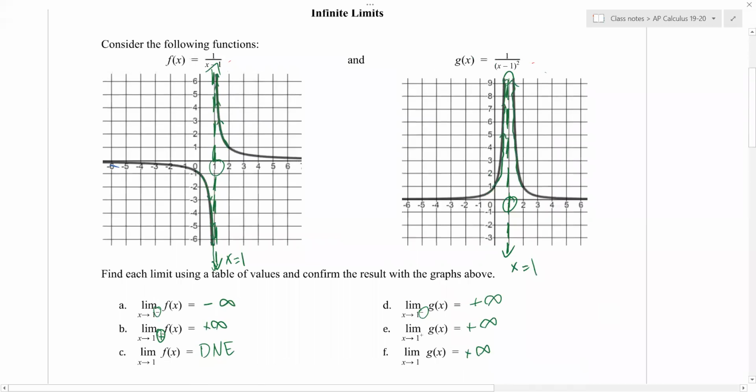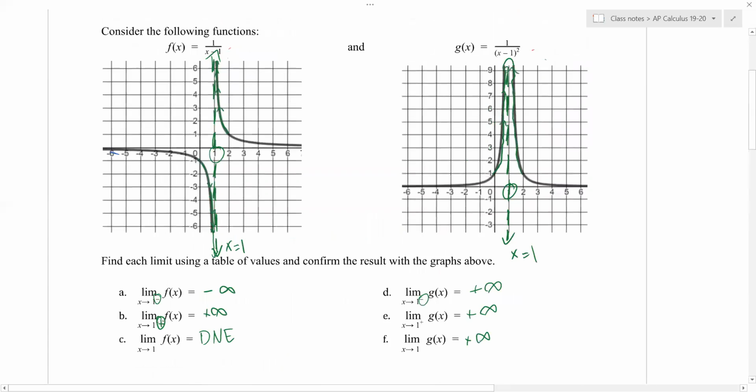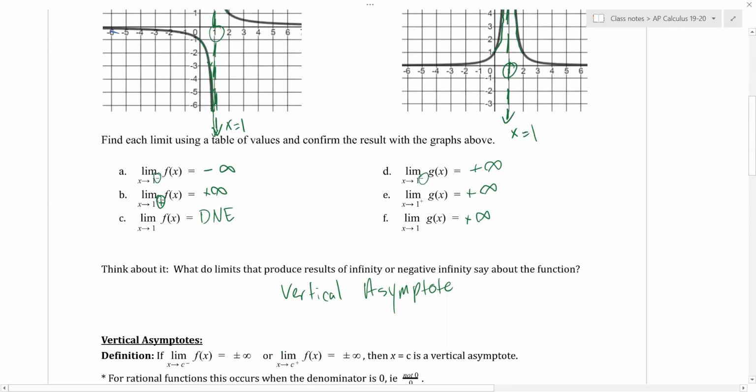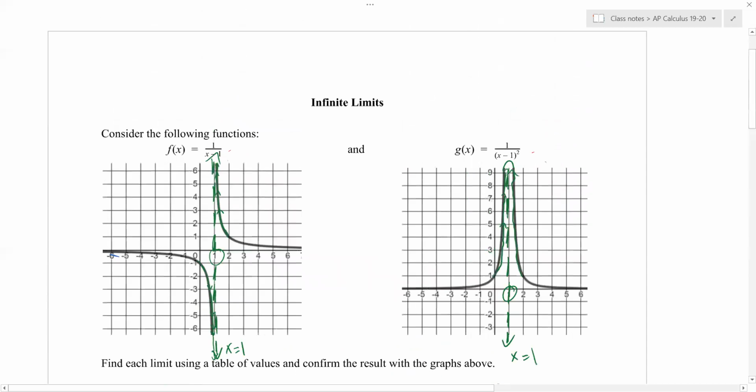Most of the time, this happens with rational functions. Remember, rational functions are fractions. So when we want a vertical asymptote, we're going to look for where the denominator is 0. So here, x minus 1 is 0 when x is 1.